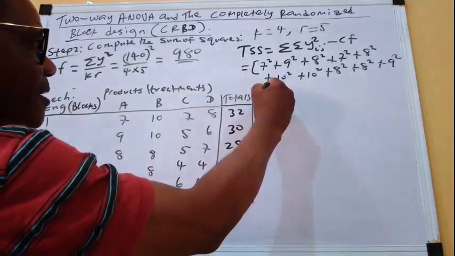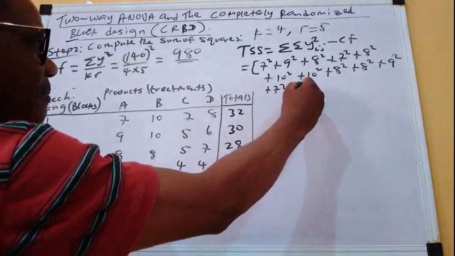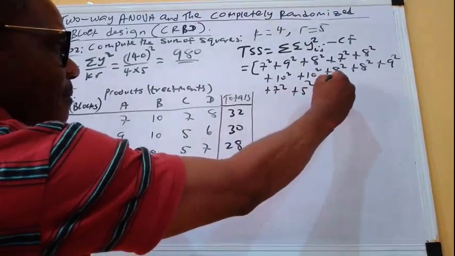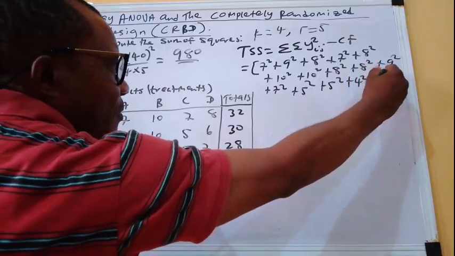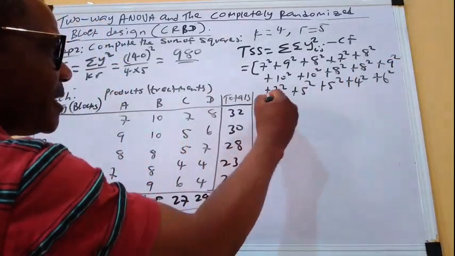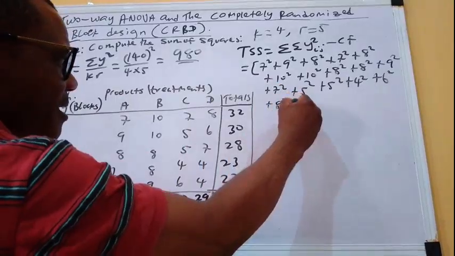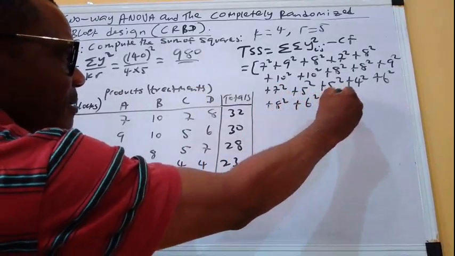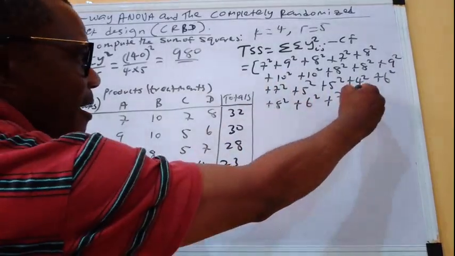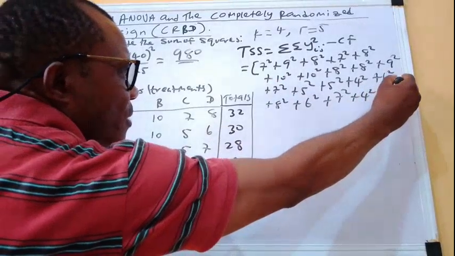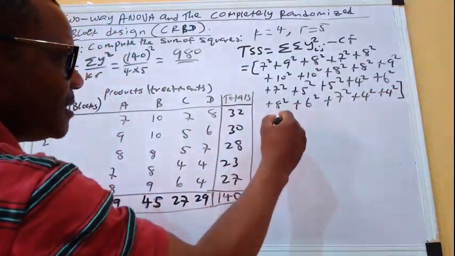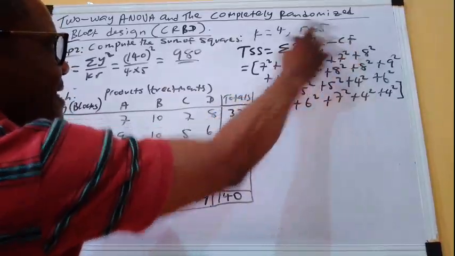We come here again, plus 7 squared plus 5 squared plus 5 squared plus 4 squared plus 6 squared. We come here again, plus 8 squared plus 6 squared plus 7 squared plus 4 squared, and the last one plus 4 squared. You close the bracket, then minus our CF, which is 980.